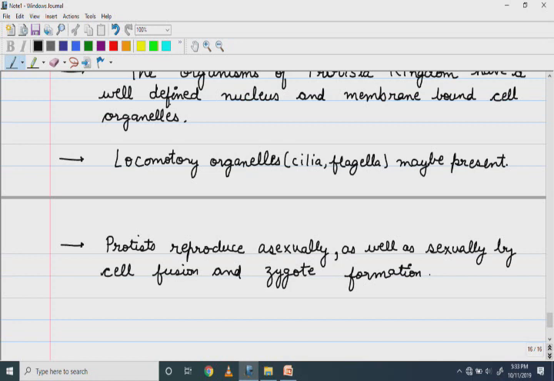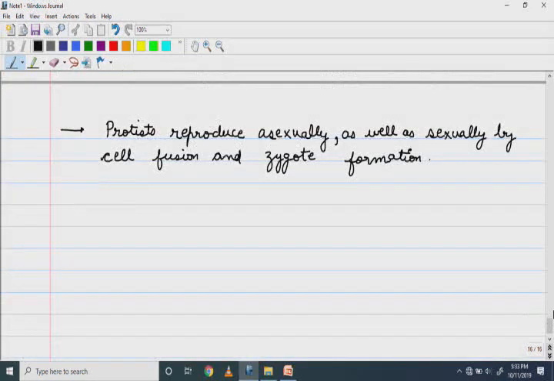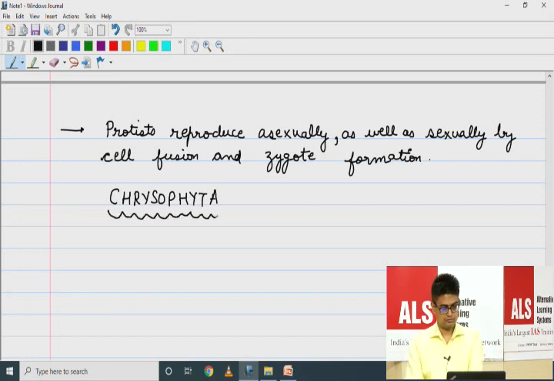All right. Next, regarding Chrysophyta. Chrysophyta are also called golden algae and diatoms.